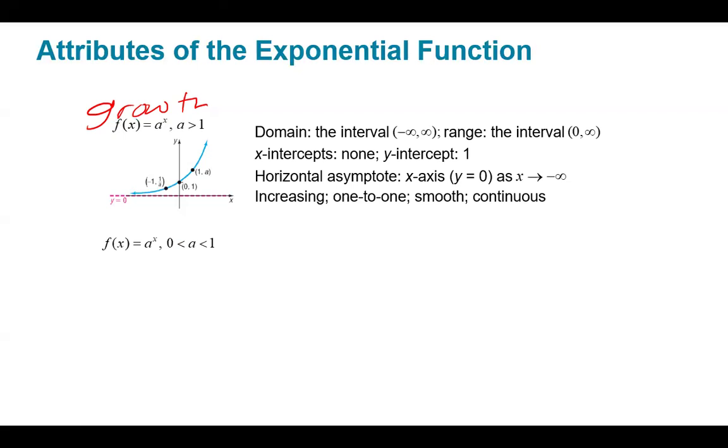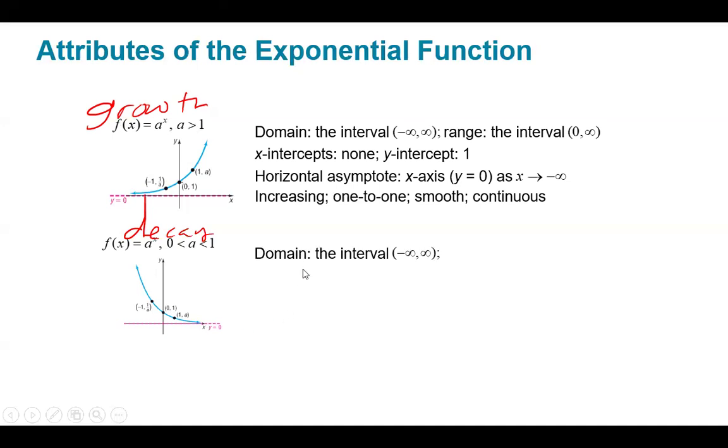It's going to be decreasing, because when your a value is between 0 and 1, that means you have a decay. So when you read from left to right, like we read graphs and books, it's going to be declining. Everything else is going to be the same, except that little attribute is what changes.